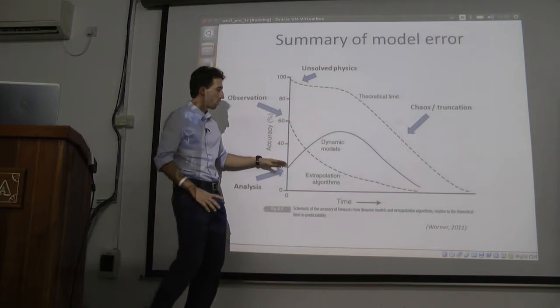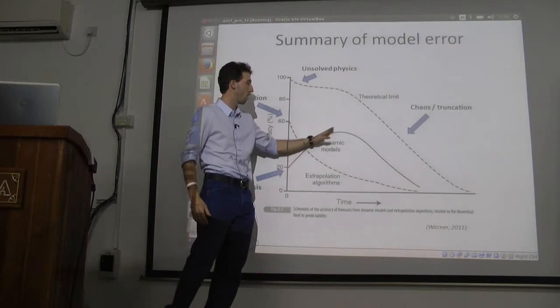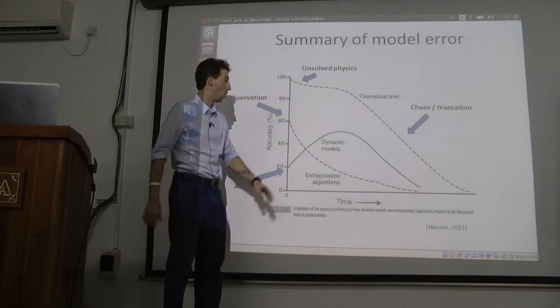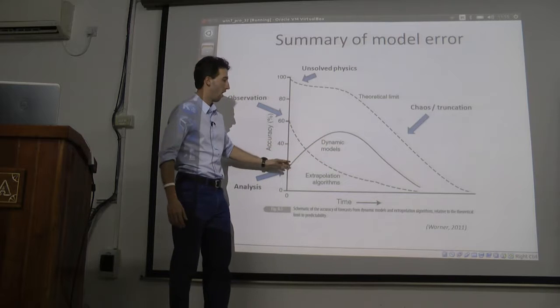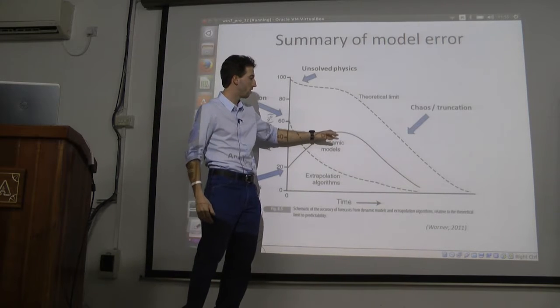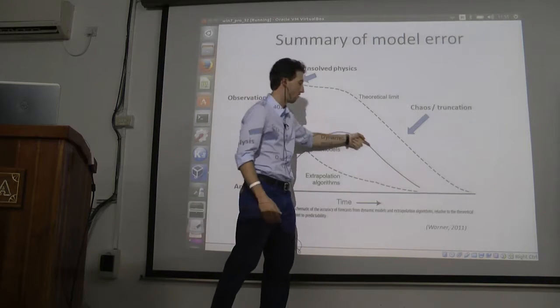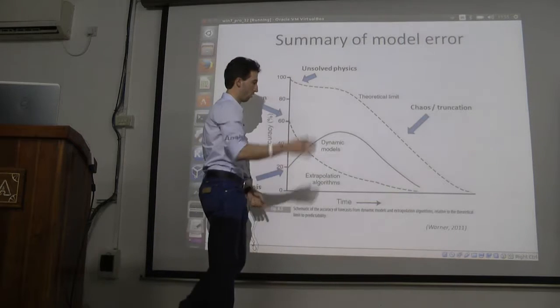And then you start running your high resolution model, and you see that your model error will be lower, so the accuracy will be high. It starts increasing, and it will increase until it stabilizes and then starts decreasing again. Your error will start to increase.